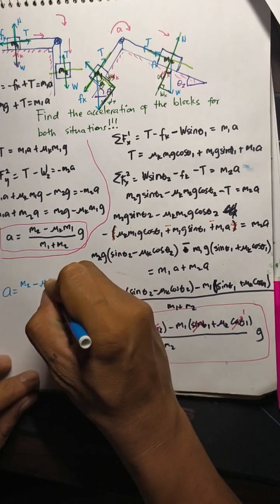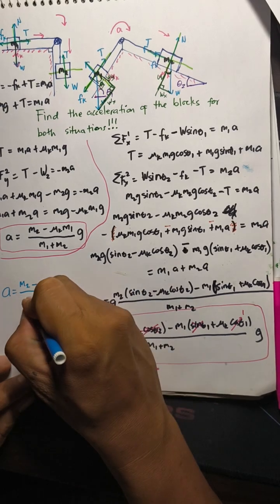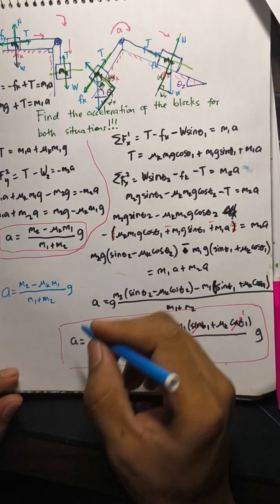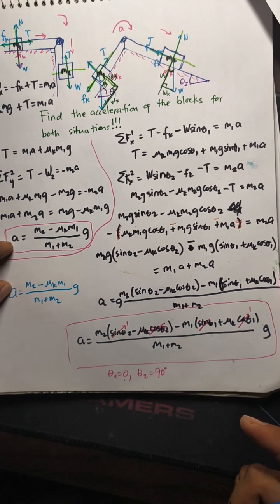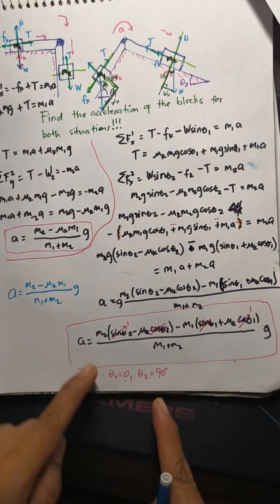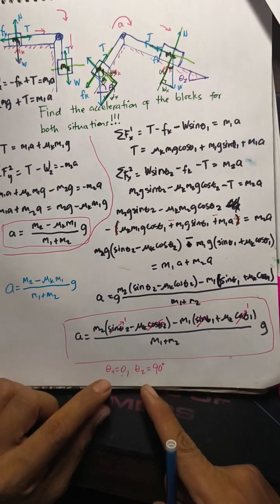So that would be m2 minus mu k times m1, over m1 plus m2, times g. And as you can see, we have arrived at the first acceleration. We have obtained this by just setting this to 0 and 90.